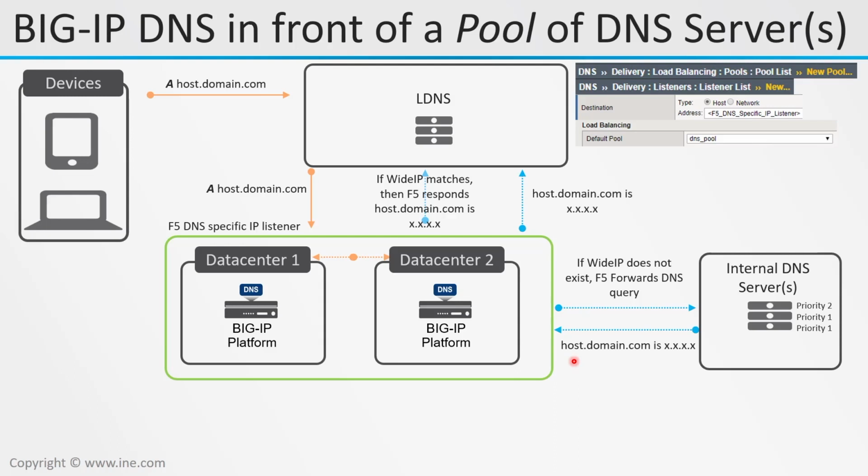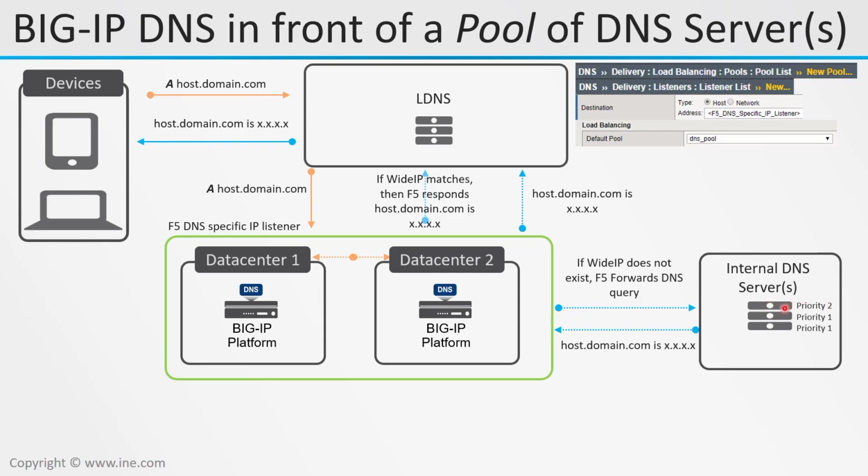Then the F5 DNS will respond with the record it receives from the internal DNS server. You'll notice that there is priority 2, priority 1 and priority 1 listed here, for 3 servers. The highest priority member will take the traffic first. So using priority member activation, it'll always go to the first server on priority 2.